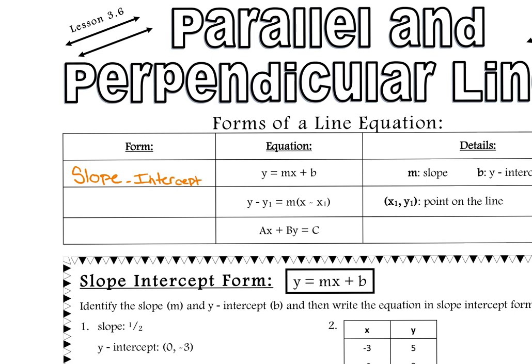The second one is going to be your point slope form. And then the last one is going to be standard form.